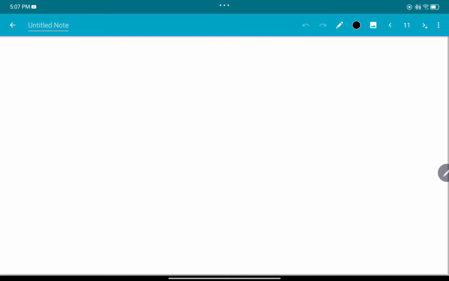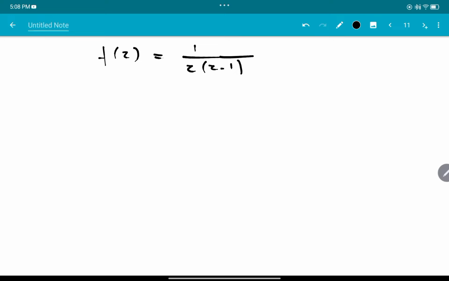Now next, suppose I have this situation. I have f(z) equal to 1 by z into (z minus 1). I have to expand it using Laurent series. It has two regions. It has two singularities, poles, z equal to 0 and z equal to 1.